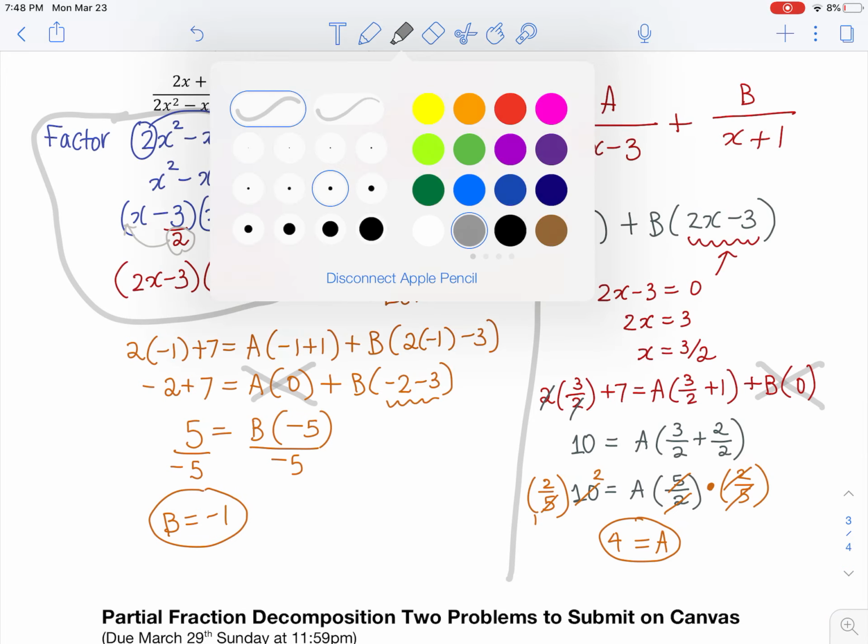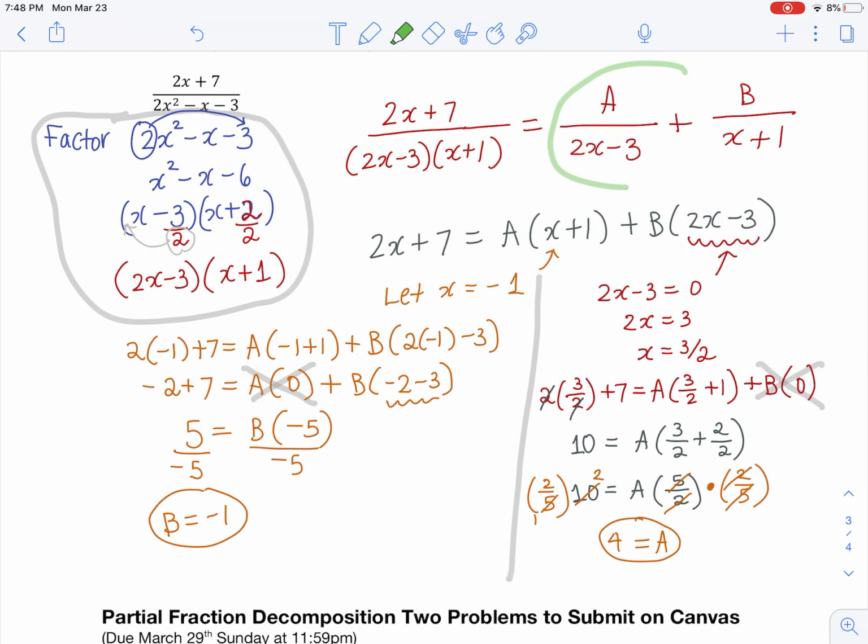So let's write our final solution. Looking at the key that I wrote down up here, I need my answer to have a over 2x minus 3. So my final solution will be 4 over 2x minus 3 plus b over x plus 1. And b was negative 1. So I'm going to write it as negative 1 over x plus 1.